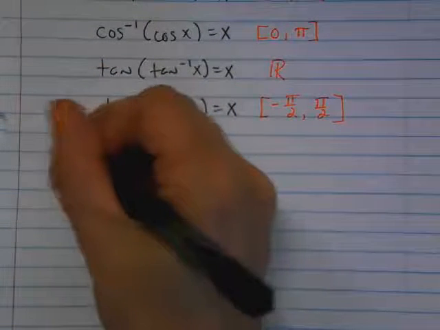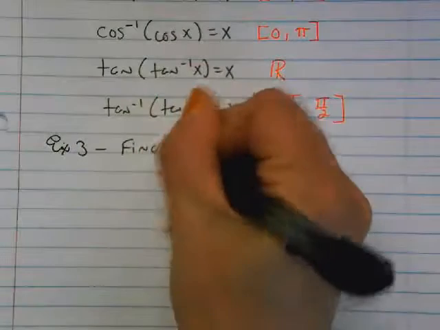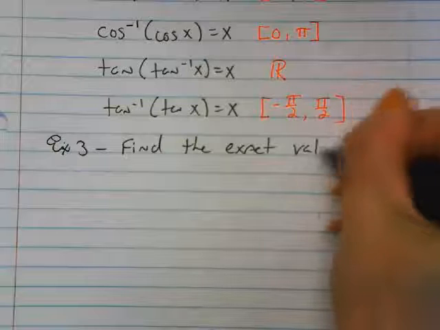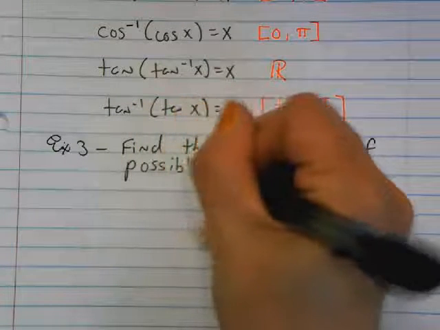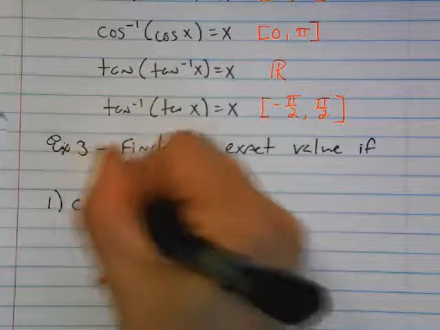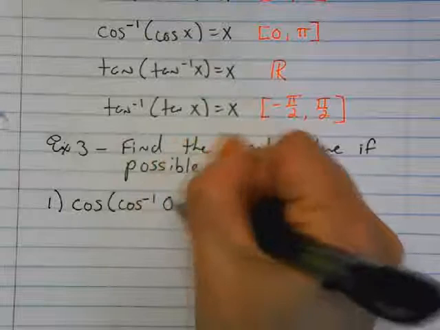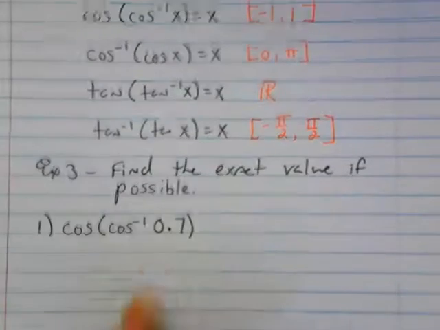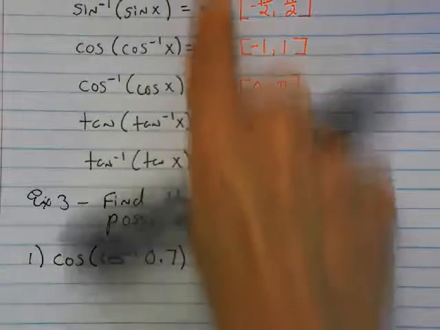Okay, let's see. Example 3. Find the exact value if possible. So what you're going to have to do to tell if it's possible or not is come up here and match it with its inverse property.